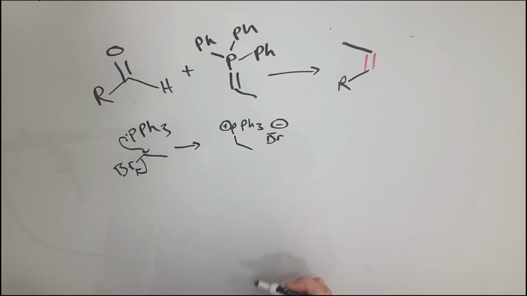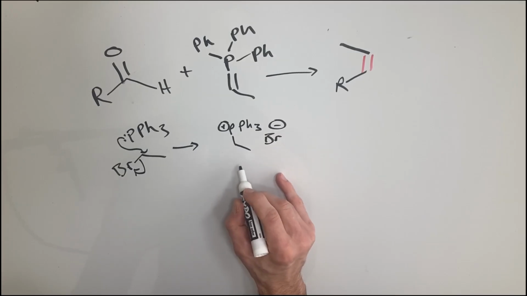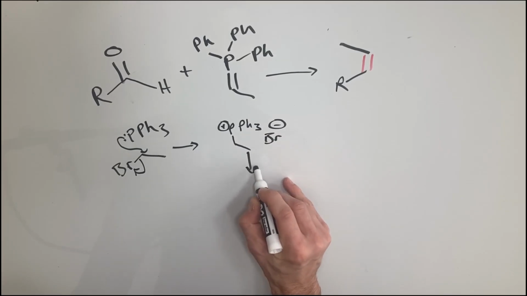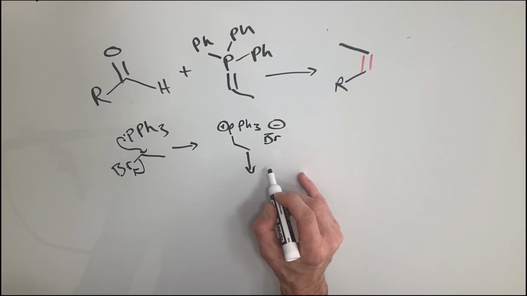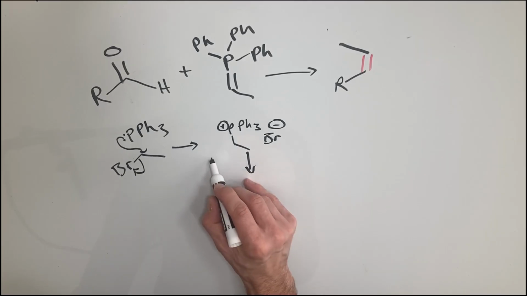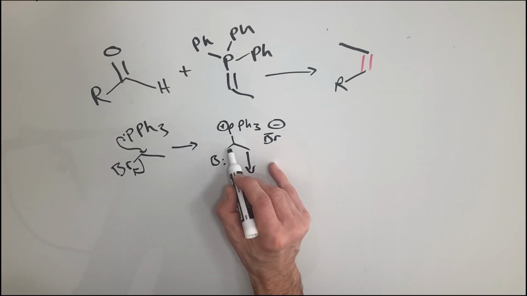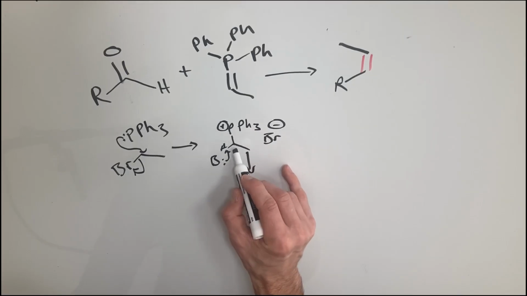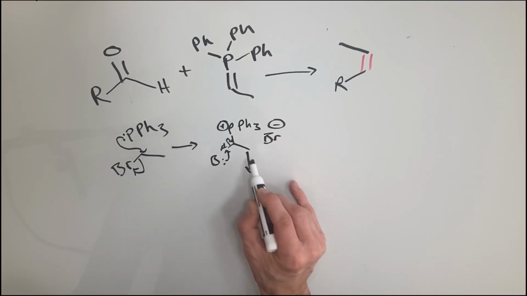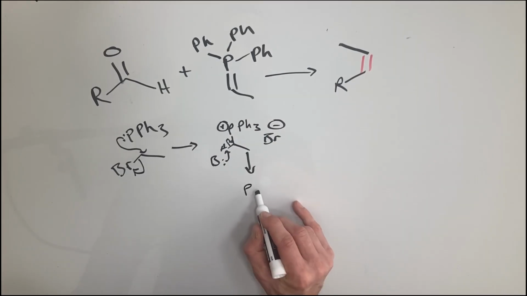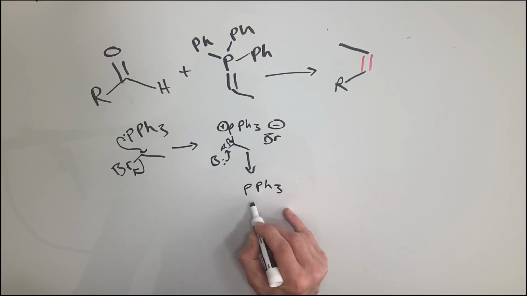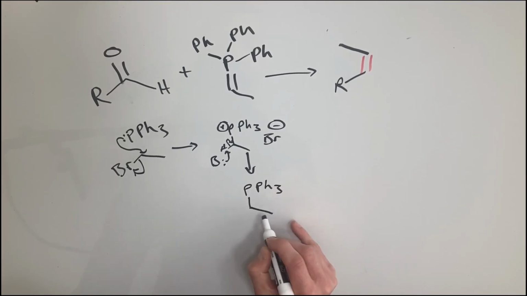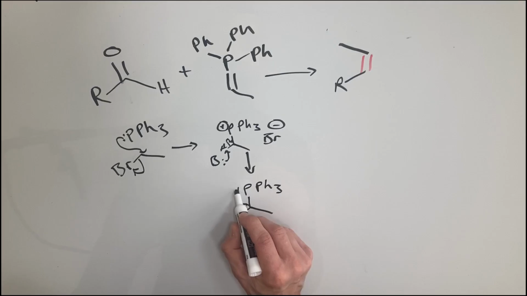And what you need to do to generate the ylide in this case is add a base. So typically you'll see either sodium hydride or t-butoxide. I'll just use base or B as a generic base. It's going to deprotonate next to the phosphorus. And then that will give you this species.